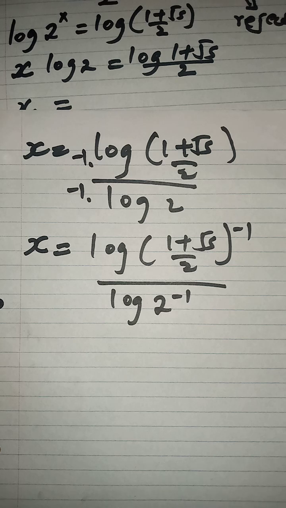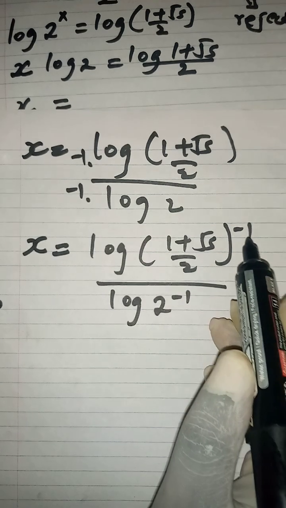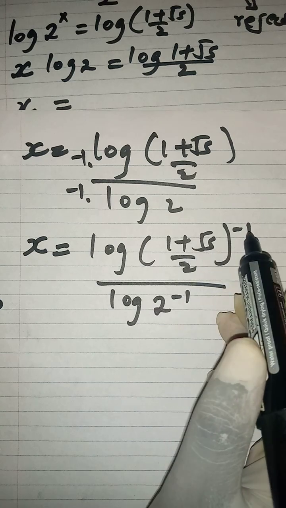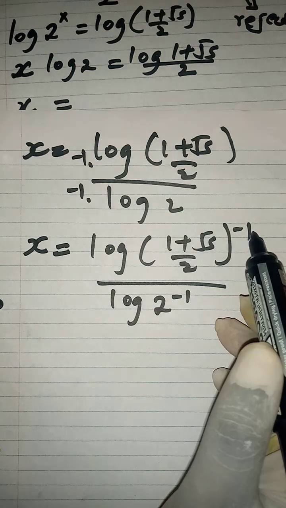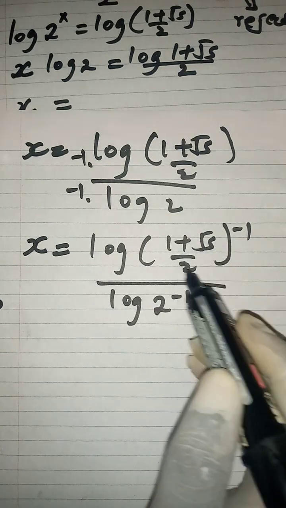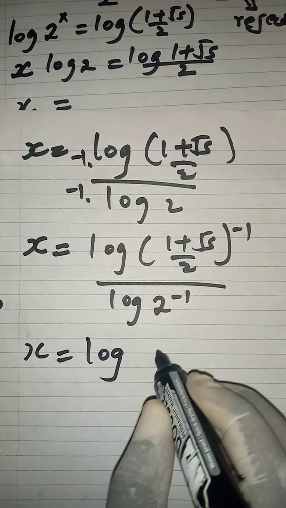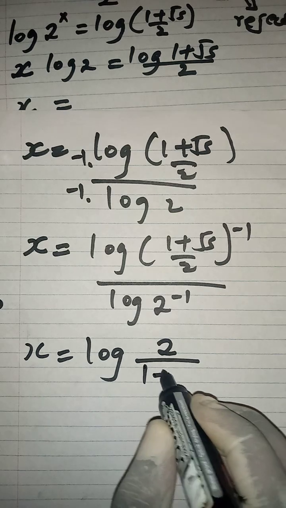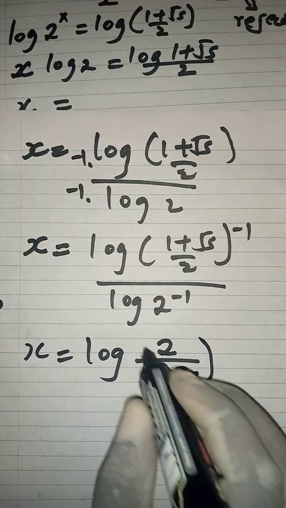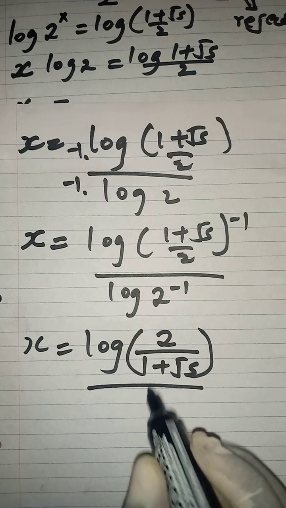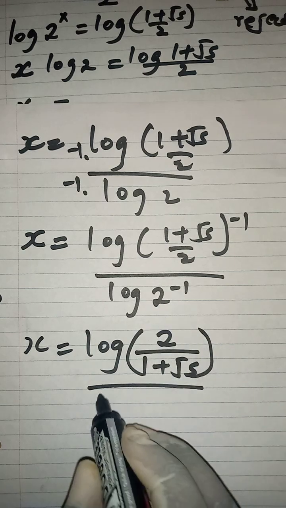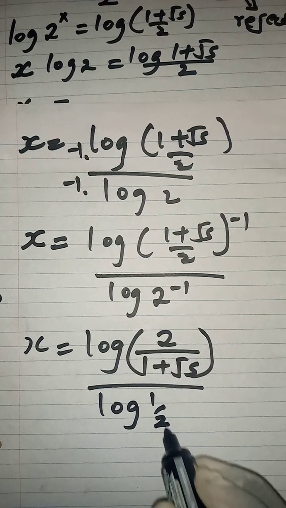So next step, I know if this is a fraction and this is a negative sign, for me to simplify it, I'm going to change to the reciprocal of it. So I get the log of 2 all over 1 plus root 5, all over the reciprocal of this, which is the log of 1 over 2.